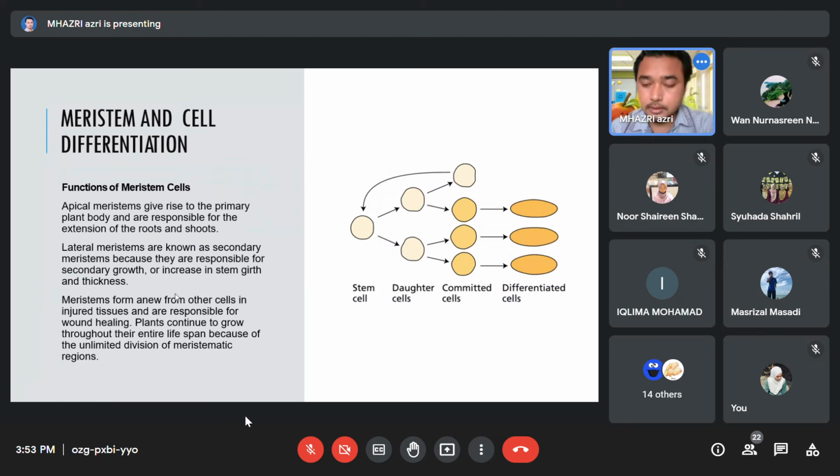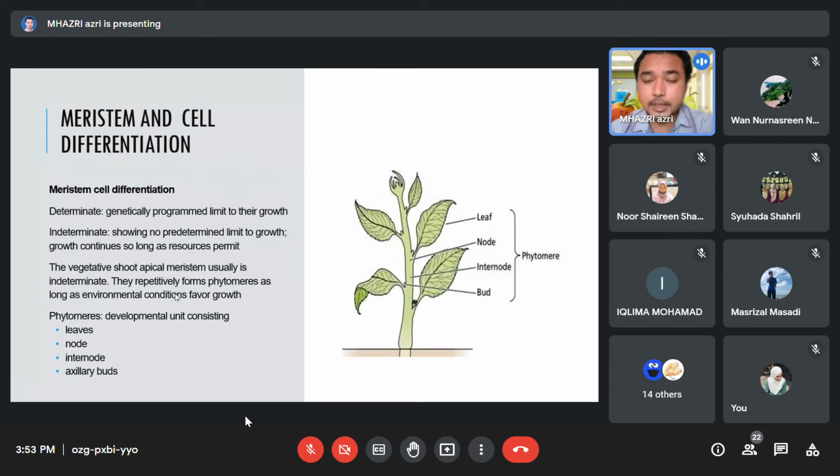So this meristematic part will always divide and differentiate into new tissues or new organs.